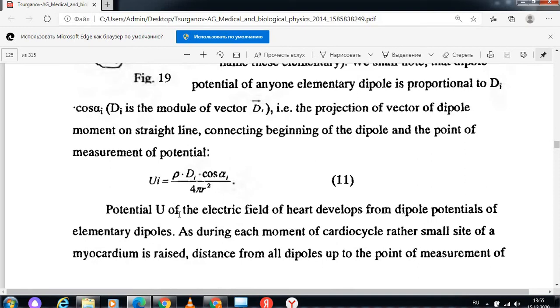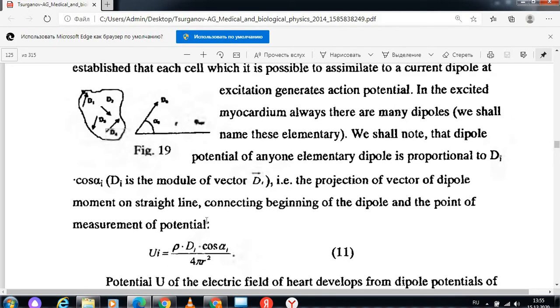So this potential U of the electric field of the heart will depend on rho multiplying by this dipole moment di multiplying by the cosine alpha I. So it depends on the amount of the projection of the vector of dipole moment on the straight line, which is connecting the beginning of the dipole and the point of the measurement of potential.